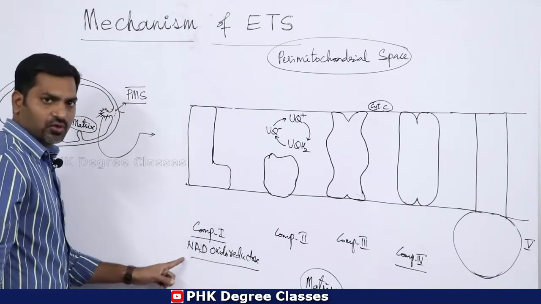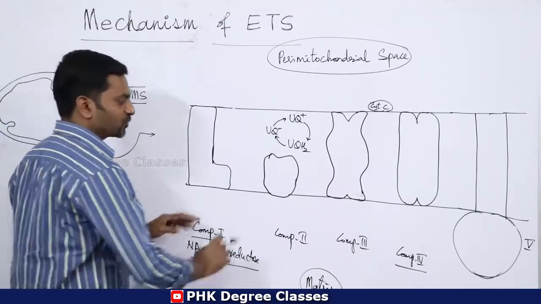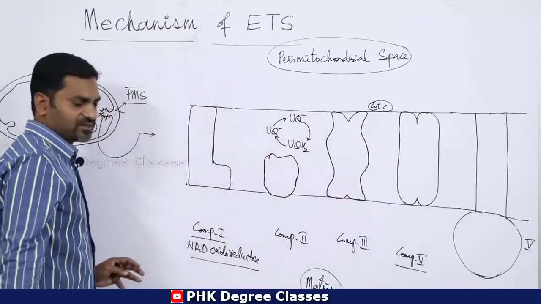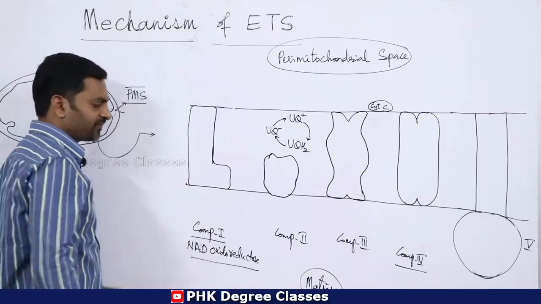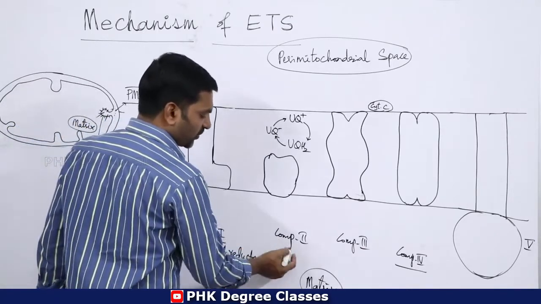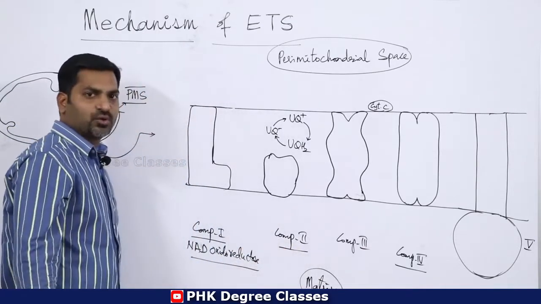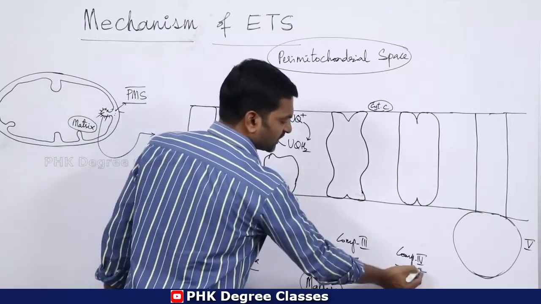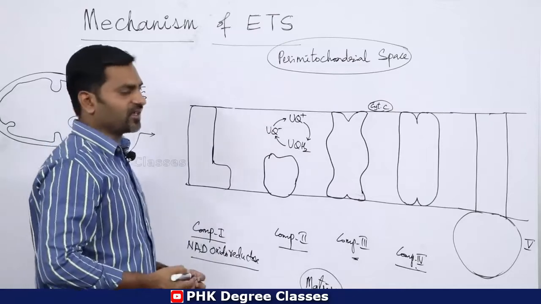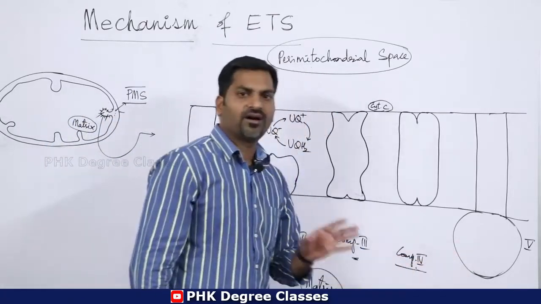I have already told you the entire information regarding all the 5 complexes. Just remember, this is complex 1 or NADH oxidoreductase. This is complex 2, or you can say succinate oxidoreductase. Complex 3 is the cytochrome BC complex. Complex 4 is the cytochrome A1 A3 complex, and complex 5 is the oxysome.